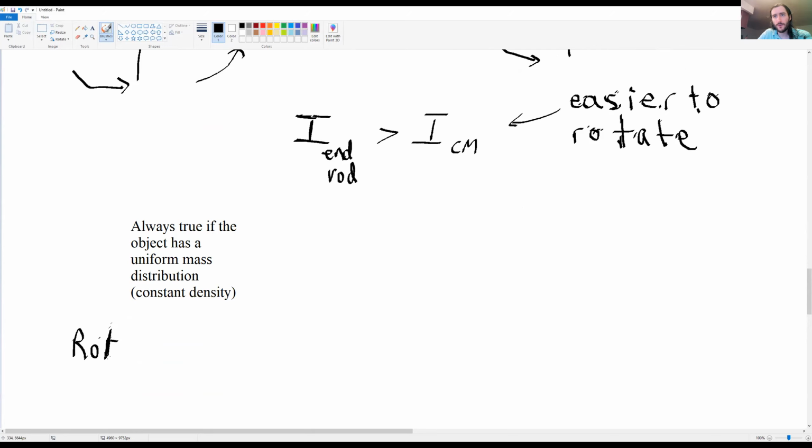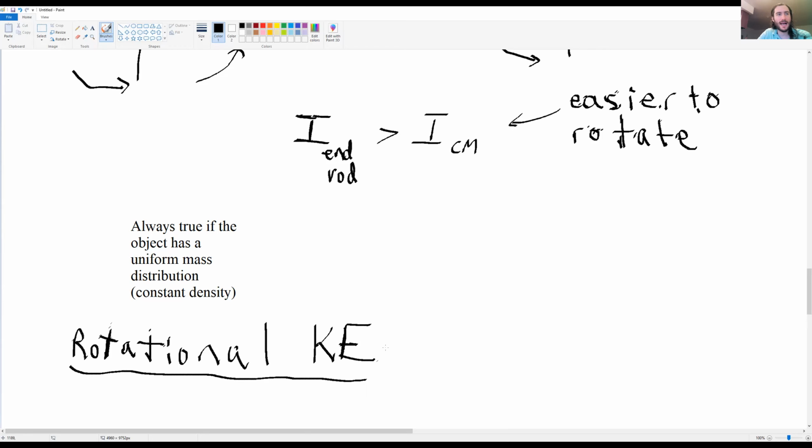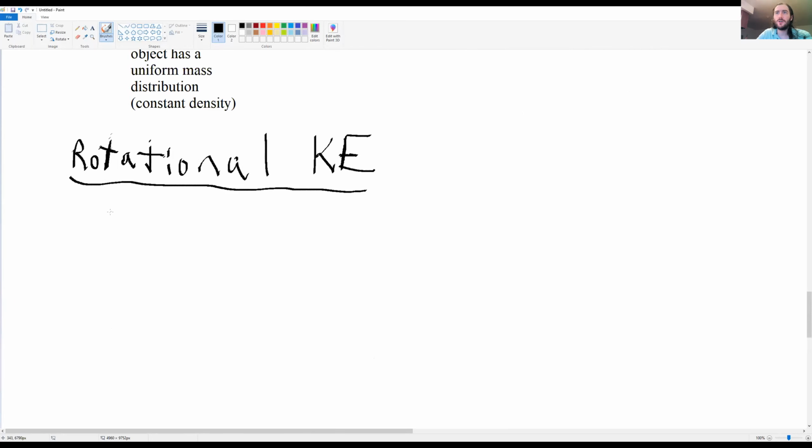Rotational kinetic energy. This one just falls into our laps nice and easy. Start with translational kinetic energy, 1/2 mv squared.